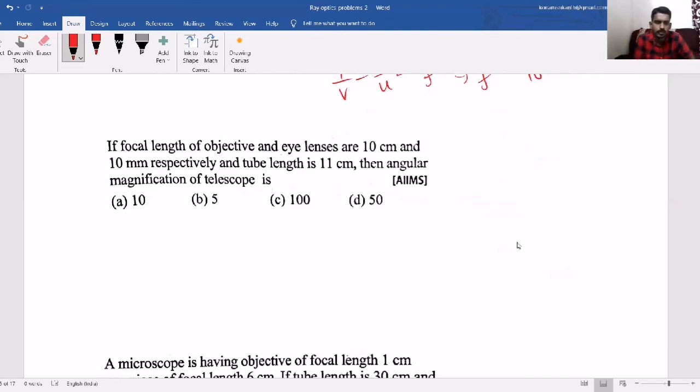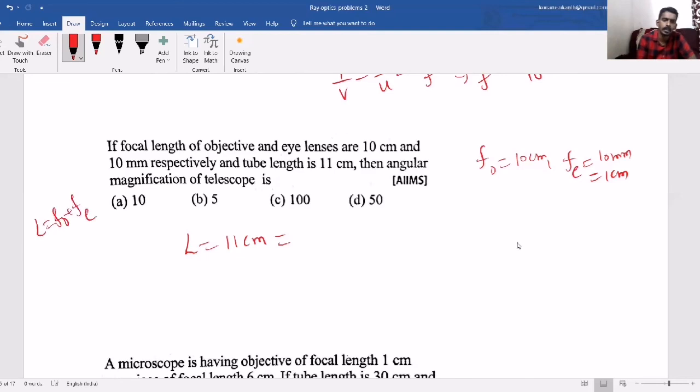Now, let's take another question. We have also studied optical instruments. Here, the focal length of the objective is 10 centimeter and of the eyepiece is 10 millimeter, which is nothing but 1 centimeter. The tube length is given as 11 centimeter. But the tube length becomes f naught plus fe under what condition?